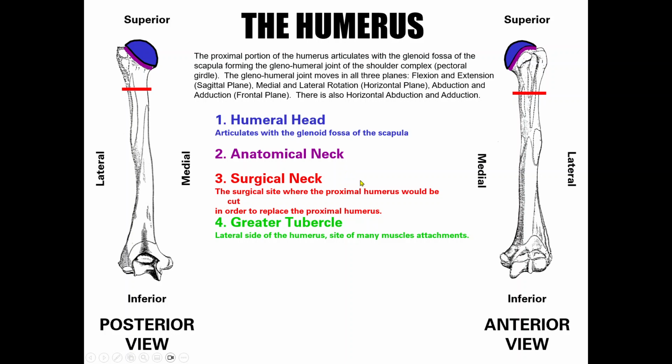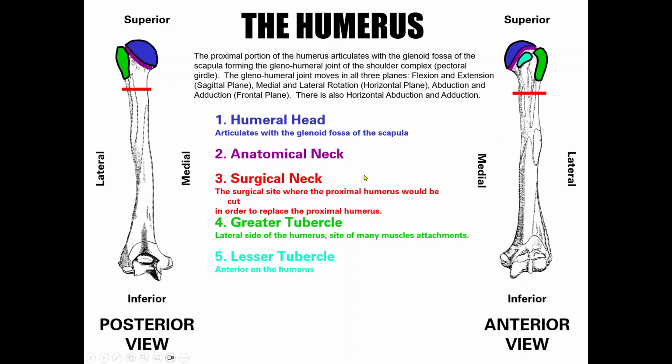Then on the lateral side, we can palpate the greater tubercle underneath your deltoid. And it's the greater tubercle because it's a site of many muscle attachments. If a bone has a lot of loading on it from a lot of muscle attachments, it will become larger, and therefore we have the greater tubercle.